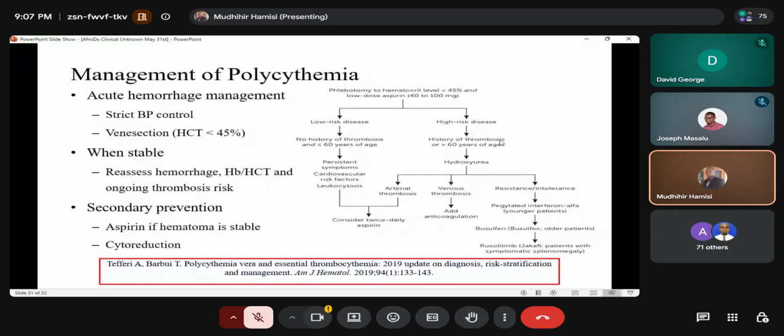And on my right side here is the approach to management of patients with polycythemia vera who do not have hemorrhagic stroke. We can move on with these steps as shown here.